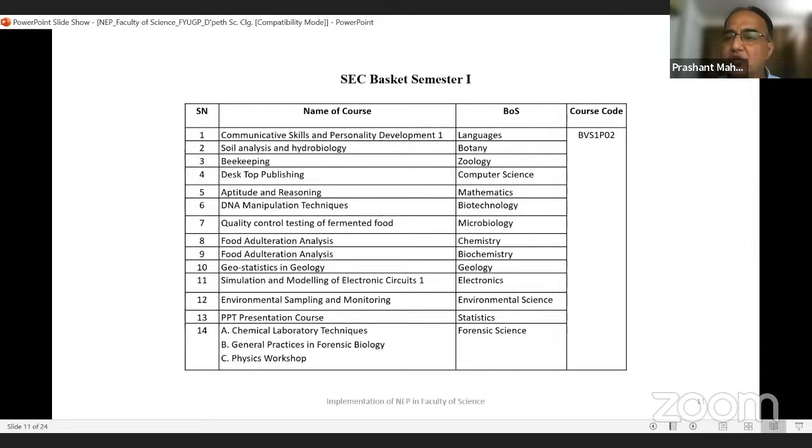And both these courses, vocational skill course and skill enhancement course, are under the same category given by the government of Maharashtra, that is vocational and skill enhancement courses, VSEC, which we have bifurcated into VSC and SEC. VSC is related to major and SEC is related to open, that is, the common basket.